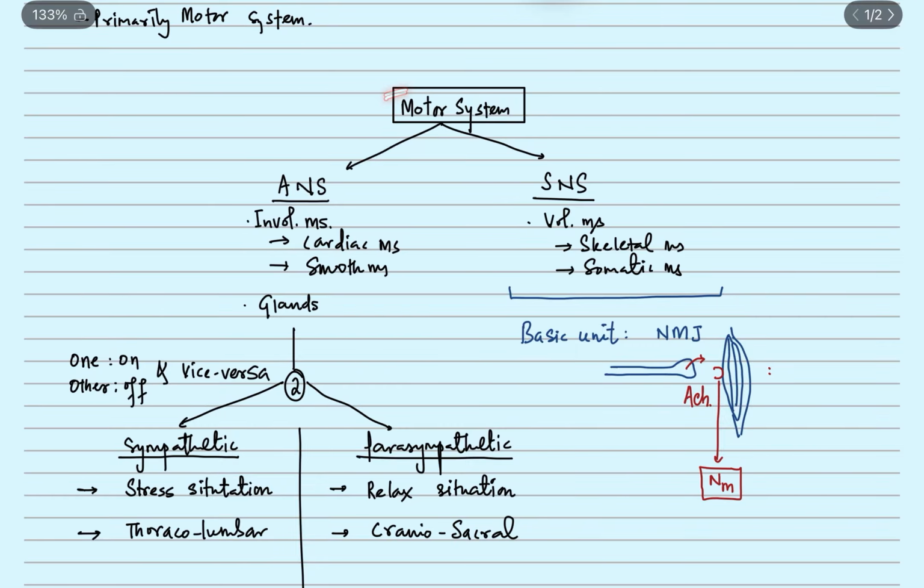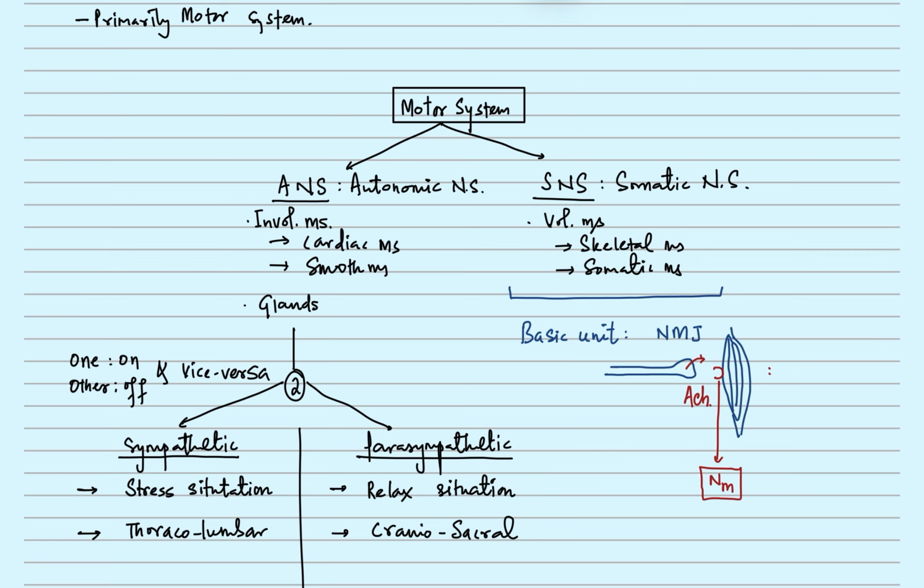In our body, the motor system can be broadly classified into two types. One is ANS, one is SNS. ANS stands for autonomic nervous system. SNS stands for somatic nervous system.